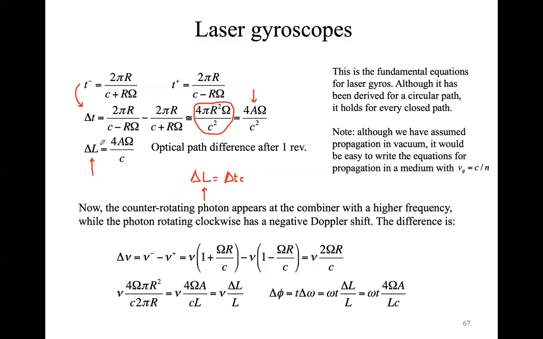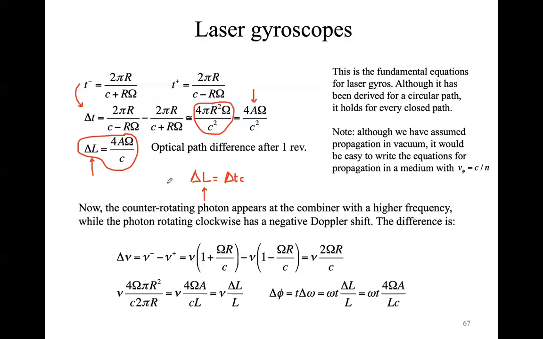But what we want to determine is indeed the delta phase between the two signals. The first result that we have found is that the optical path of the signal given by the rotation of the spacecraft omega is directly proportional to the area of the gyroscope.